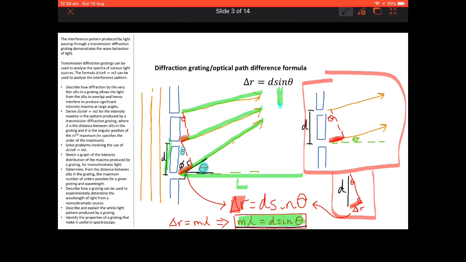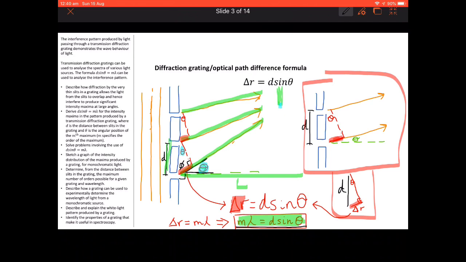So if theta, or the angular position, is at a bright fringe, where constructive interference is occurring, then the path difference between each wave, so the length difference between the path that each wave has travelled, must be equal to an integer number of wavelengths, so that the waves are perfectly in phase, even though they've travelled different distances.